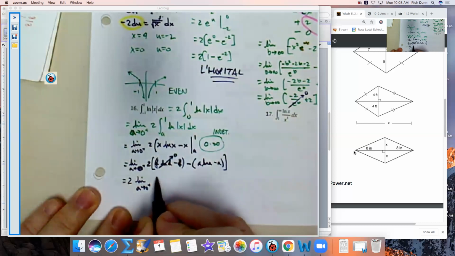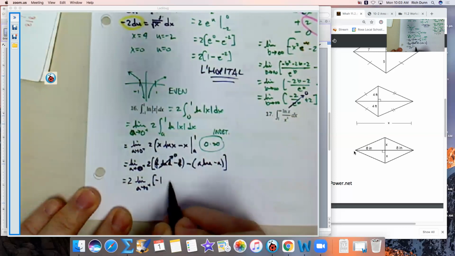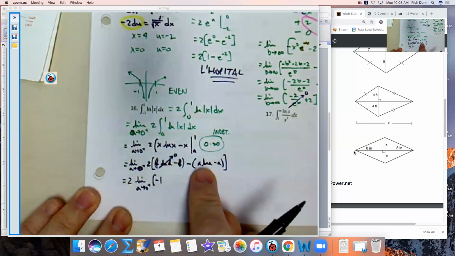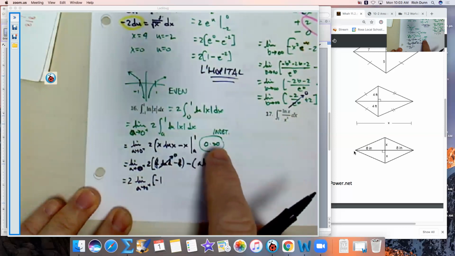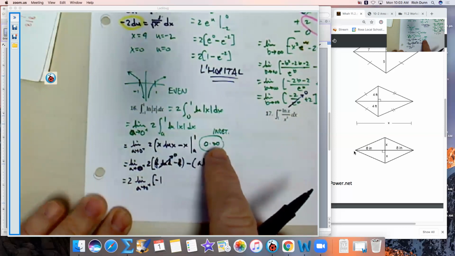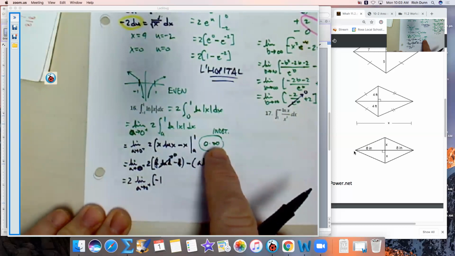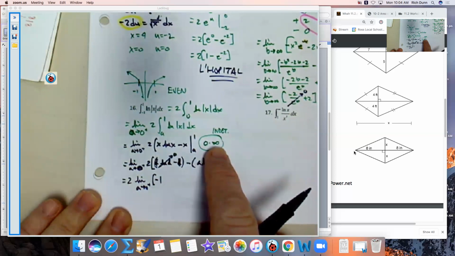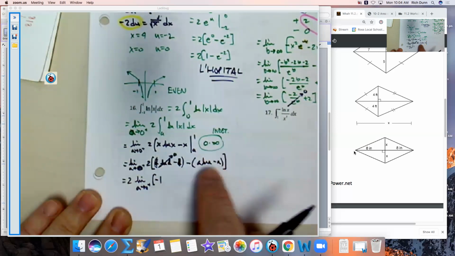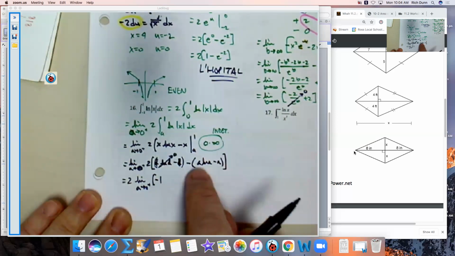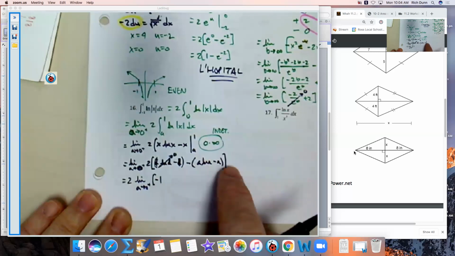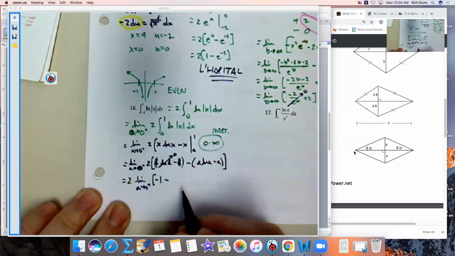And then I've got this 0 times infinity. And remember, what we tried to do sometimes was put this into a form that we could use L'Hopital. And it sure looks like I could probably factor out this a, which is what I am going to do.